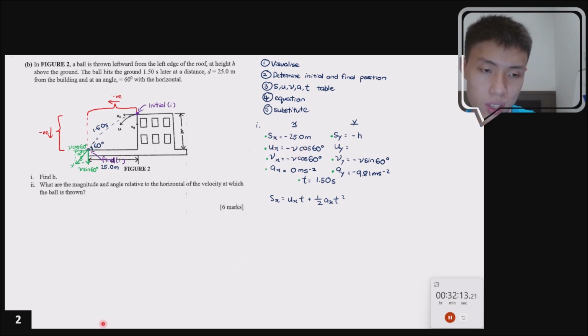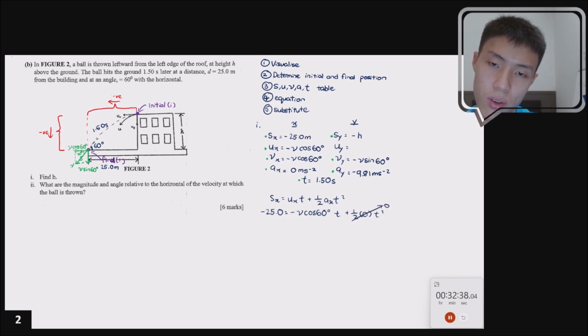Okay, so once we have selected our equation, we can proceed with our substitution. Substitution: negative 25.0 is equal to ux, which is negative v cos 60 degree, times time, then plus half ax, ax is 0, so we know it will cancel out later. So this one will be 0.